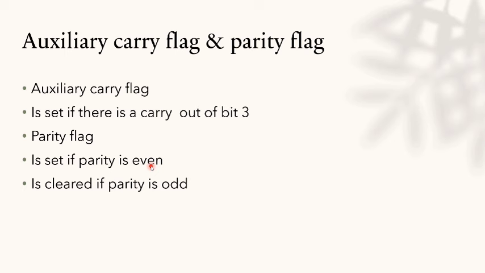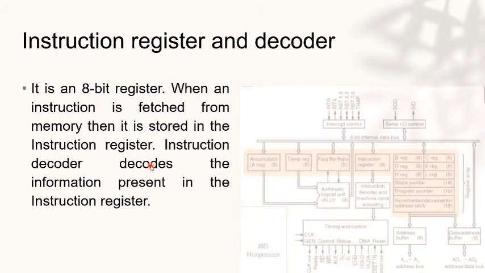You know, when we say parity is even, it is when we get an even number of ones, then it is even parity. If we get an odd number of ones, then it is odd parity. So if we get even or odd parity of ones, then we are going to show the parity flag.